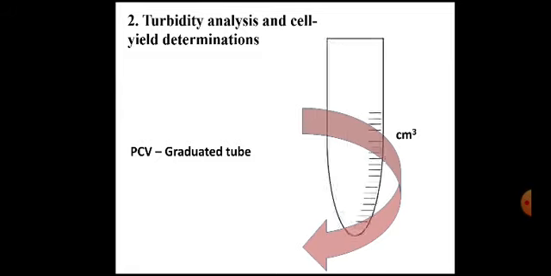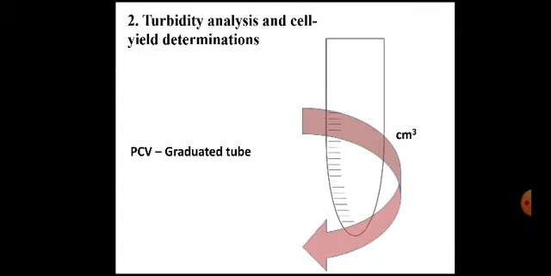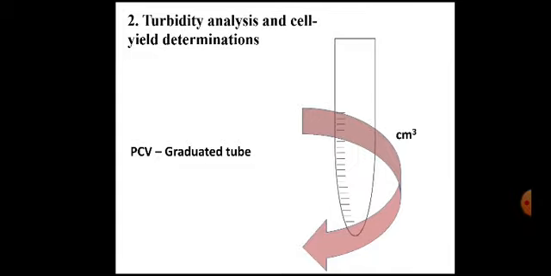This graduated tube has marks, as you can see on this centrifuge tube. There are marks which are measured in terms of cubic centimeter. Cubic centimeter is equivalent to ml. It is a measure of volume.